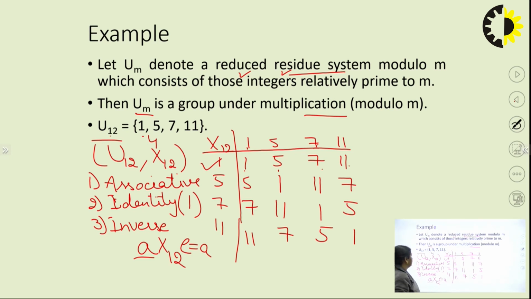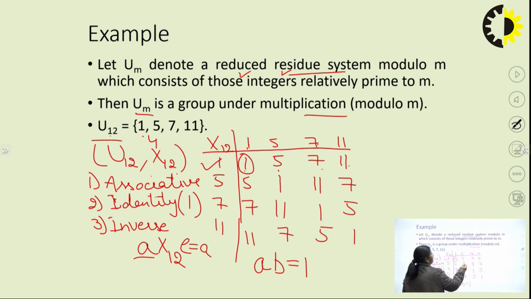Now the next property is inverse. What do we need to check? For any element A, do we have another element B such that we get the identity in the answer? What is my identity in this example? That is 1. So I need to check, for each element, whether there is an element for which I get 1 in the answer. With 1, I get 1.